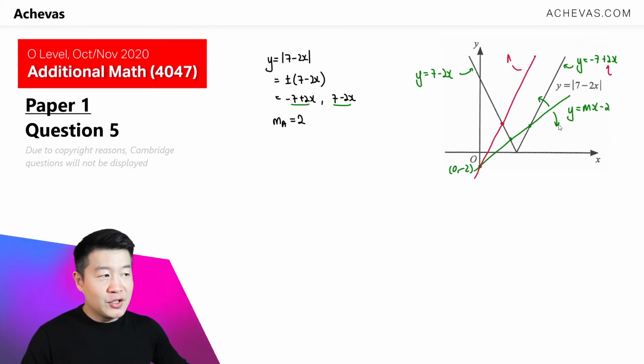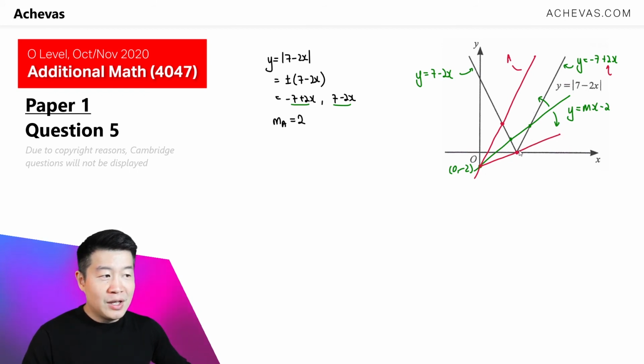Next, I'm going to focus on another line if I were to swing this line downwards to make it more gentle. And if I were to swing it downwards, yes, it is still going to be cutting at 2 points until when this line is such that it is going to synchronize to this other line that passes through this point and this point here. So it must be a line that passes through these 2 points.